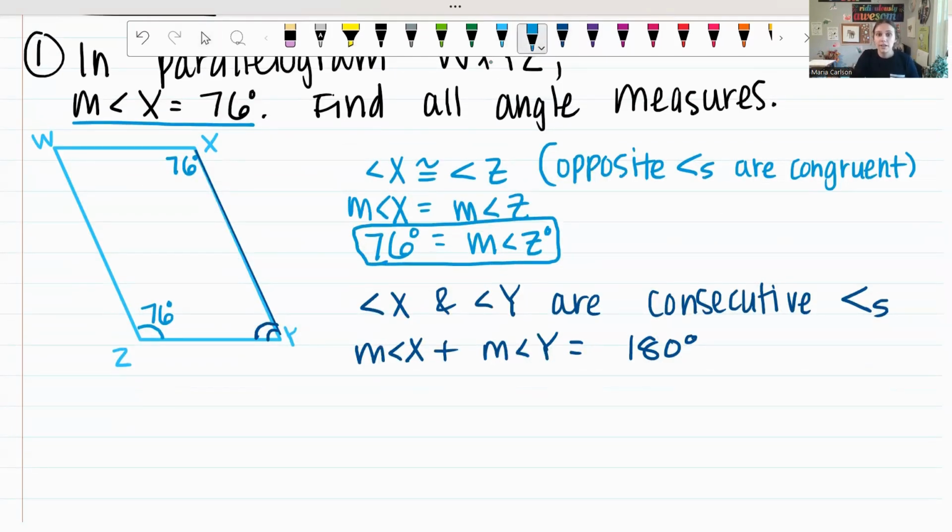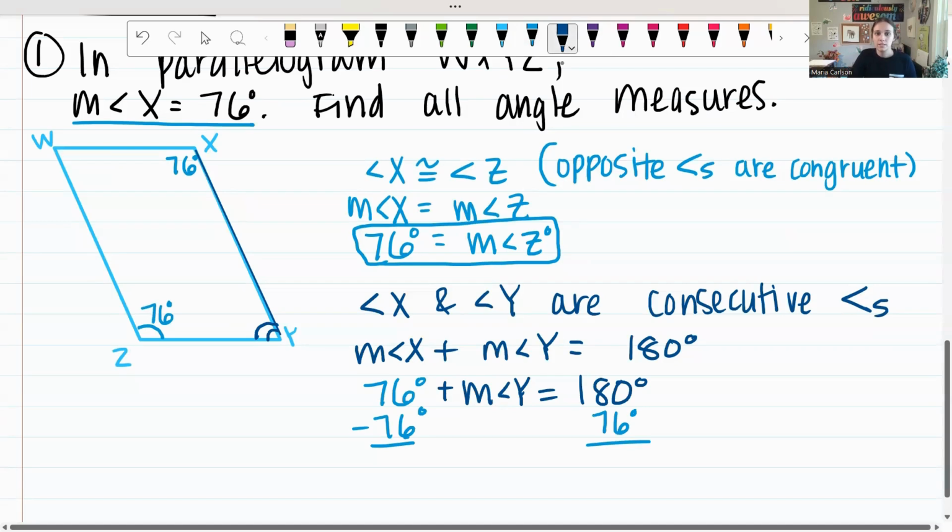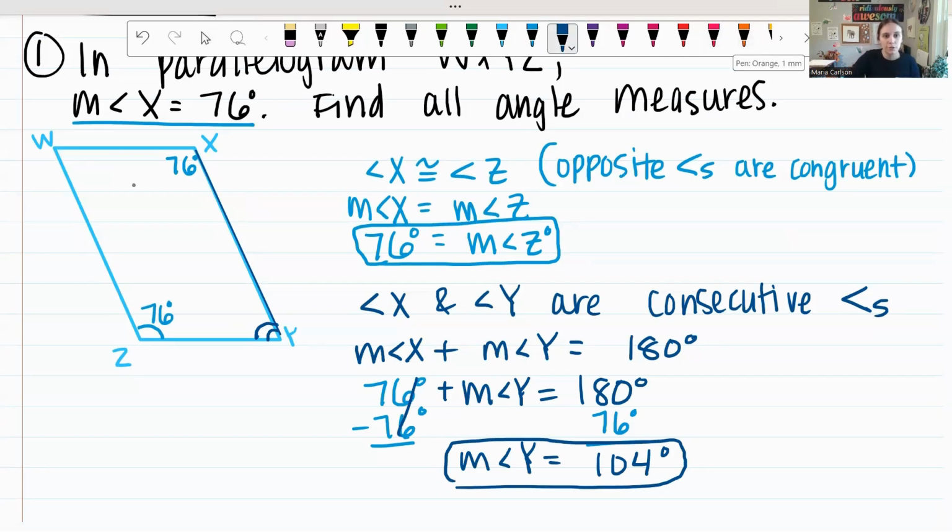X is 76 degrees, and we're going to add that on to the measure of angle Y to find that they add up to 180. And I can now subtract 76 from both sides and find that the measure then of angle Y is 104 degrees. So Y has to be 104.